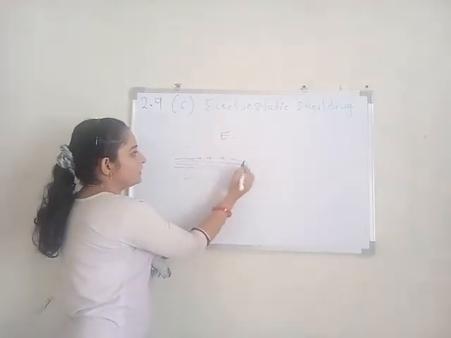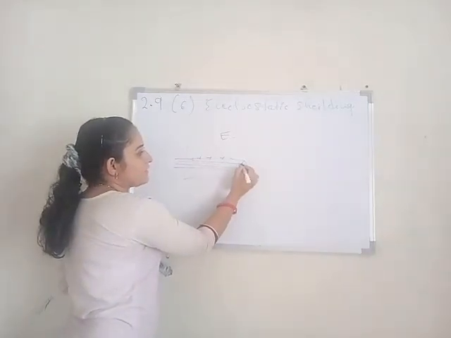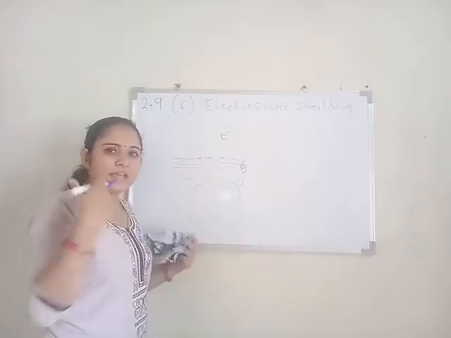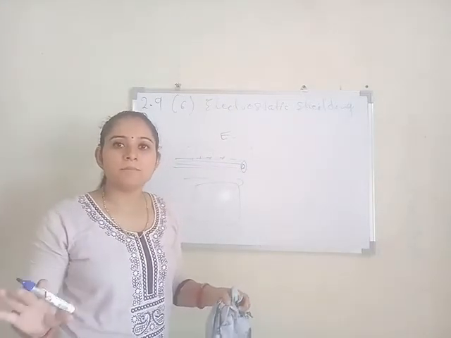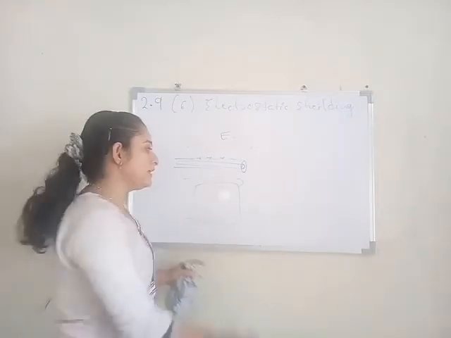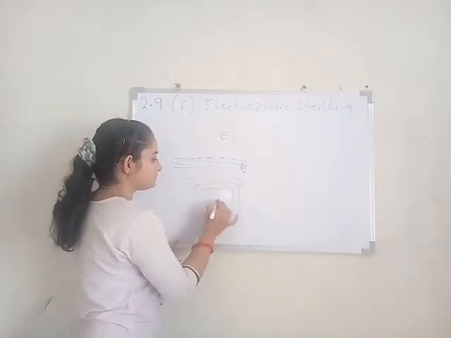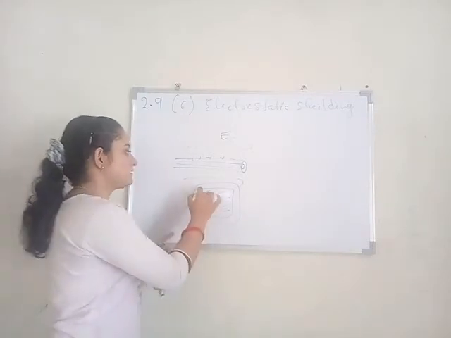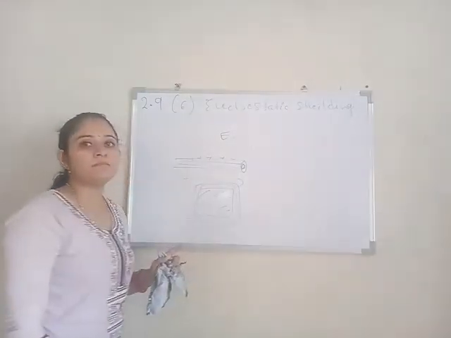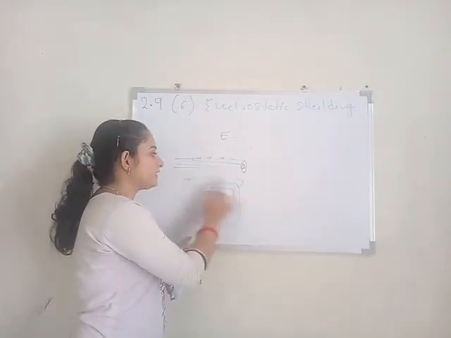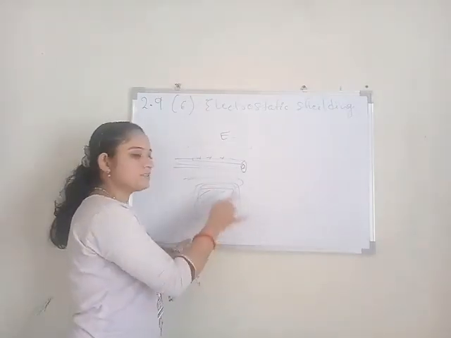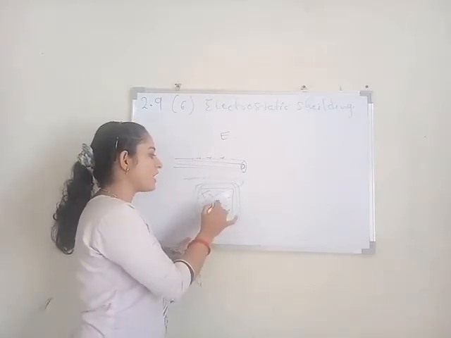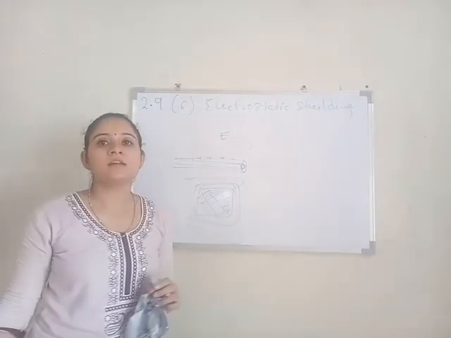If there is a cavity inside any conductor, it can be of any shape, any size, but in any metal, if there is a cavity inside it, for example this is the cavity and this is the whole metal plate, and the electric field is applied or the charges are moving on this, there will not be any charge here inside the cavity.